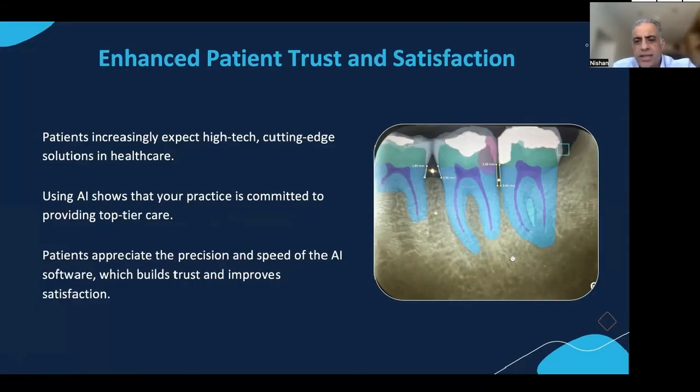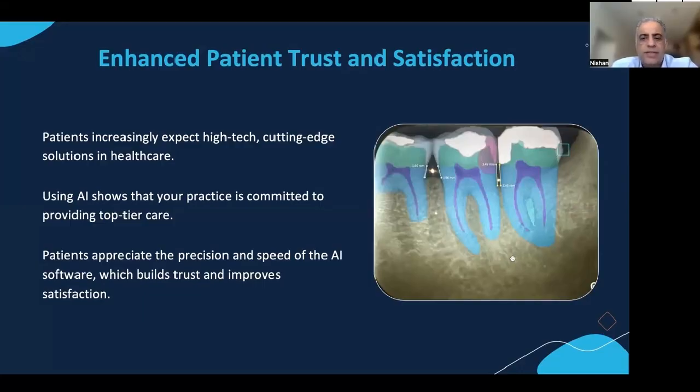They want a practice that has up-to-date digital x-rays. They want practices that have scanners that can look at your teeth and look at the wear on your teeth, look at lots of things, intraoral cameras to see what's going on.